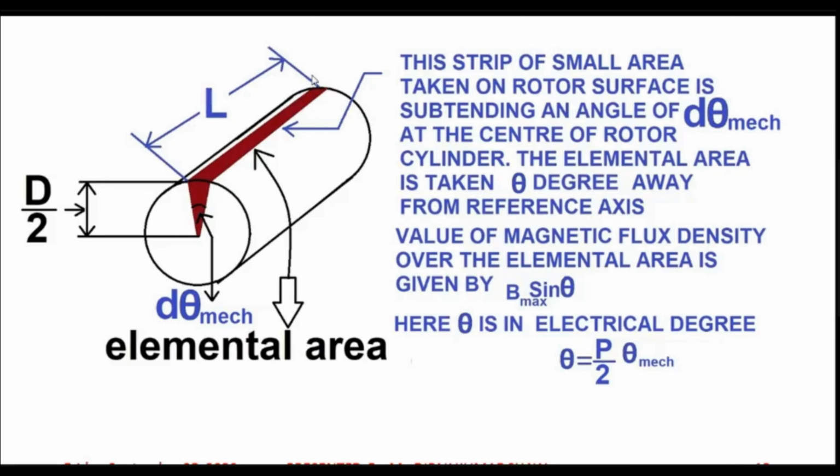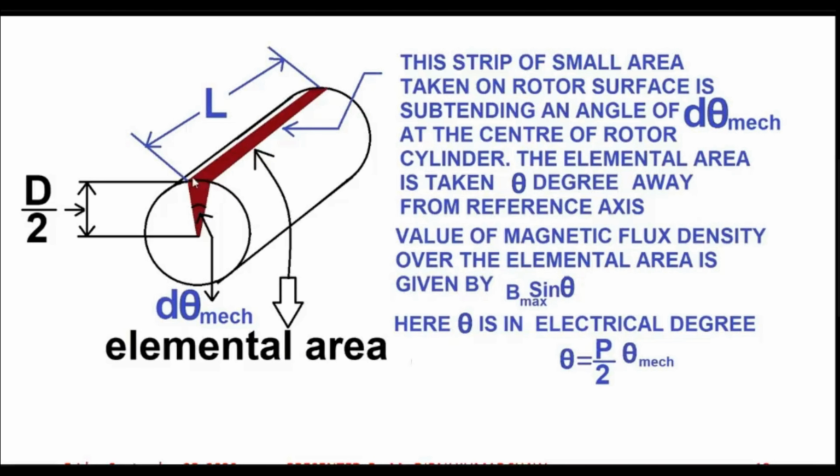So that is given by nothing but your length. What is the length? That is L. What is this arc? This arc is nothing but radius into angle subtended at the center. So what is the radius? Radius is d by 2, because d is the diameter, so radius is half of that. So d by 2 is the radius, and d theta mechanical is the angle at the center. So what is the length of this arc?